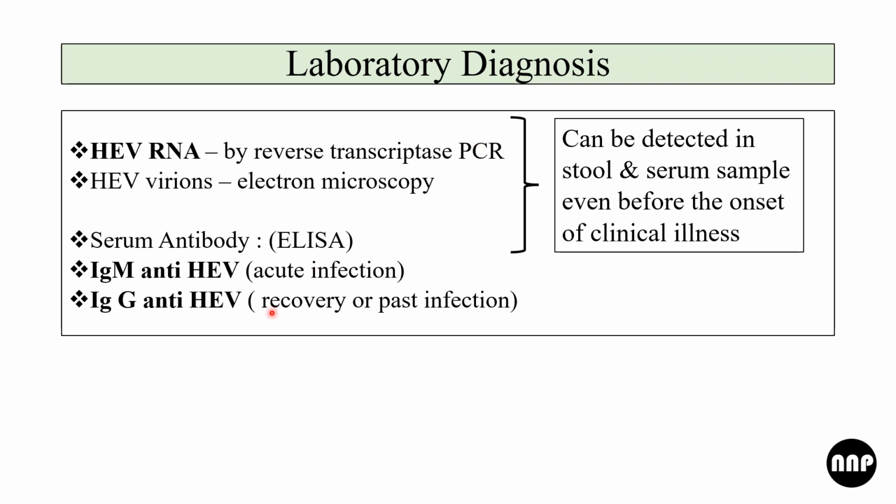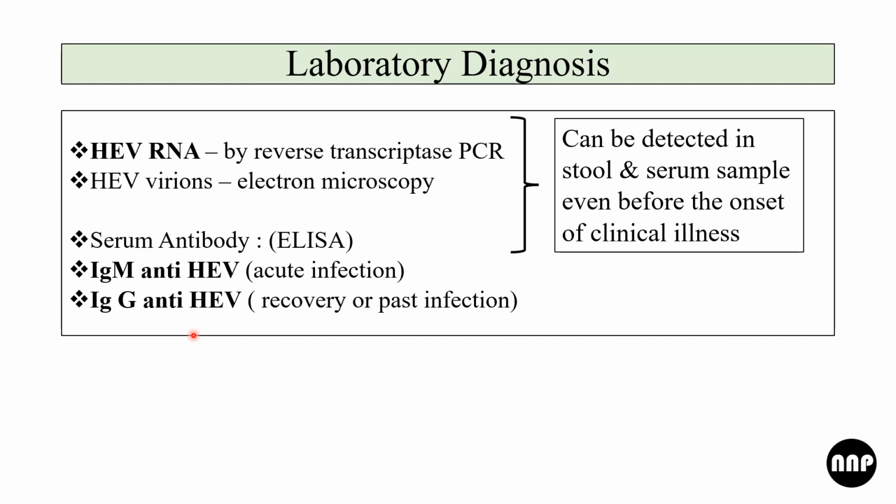Then we have serum antibody detection by ELISA. IgM anti-HEV appears in the serum simultaneously with the increased level of liver enzymes and indicates acute infection. Acute is related with IgM.